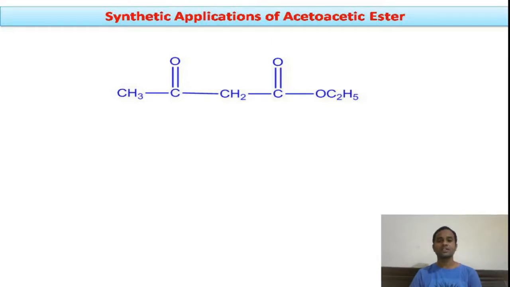Now let us try to discuss some synthetic applications of acetoacetic ester in preparing variety of compounds, right? This acetoacetic ester is very much helpful in synthesizing variety of carboxylic acids as well as methyl ketones, right?